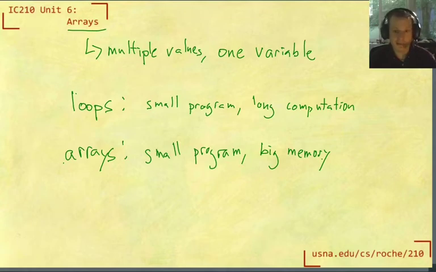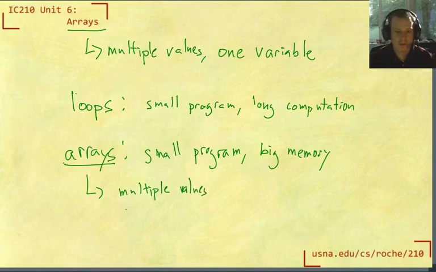We want to take advantage of that, not just in terms of creating files, but in terms of actually storing variables in our code. Arrays are going to allow us to do that. At a high level, an array is multiple values in a list, all with the same type.